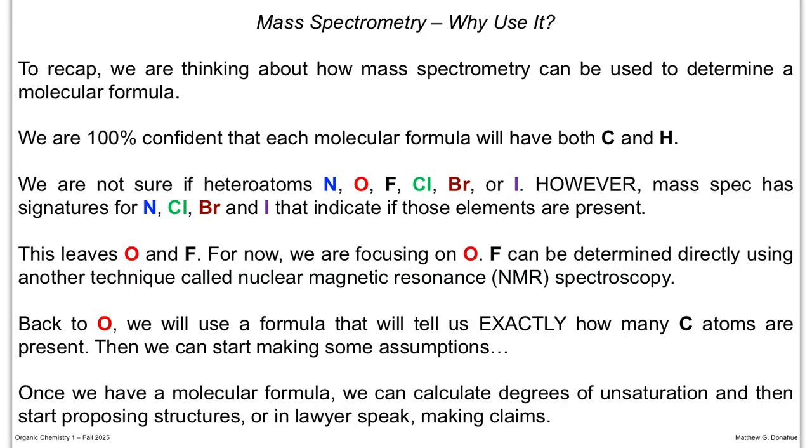Part of this thought experiment is we're operating under the assumption that we're focused on oxygen. The reason for that, as I'll show you on the actual mass spec of testosterone, is there are clues there, and there are small details that we have to recognize and develop the intuition to rule out other heteroatoms.